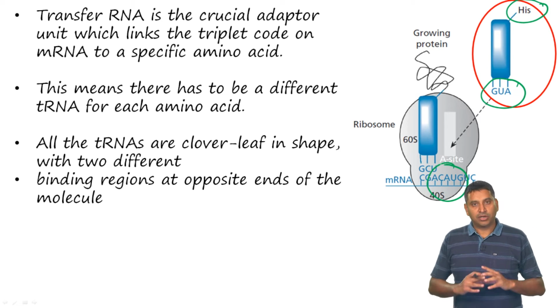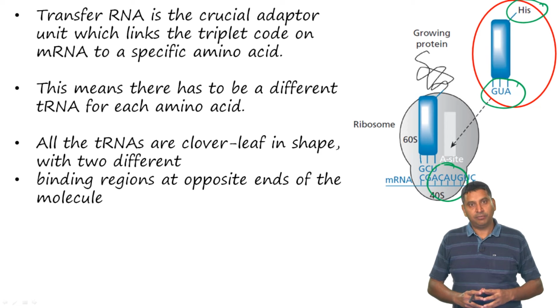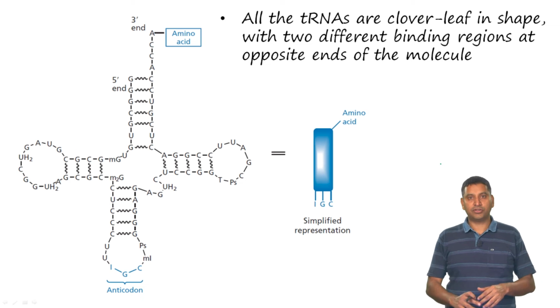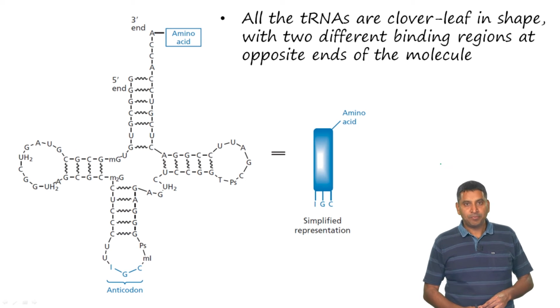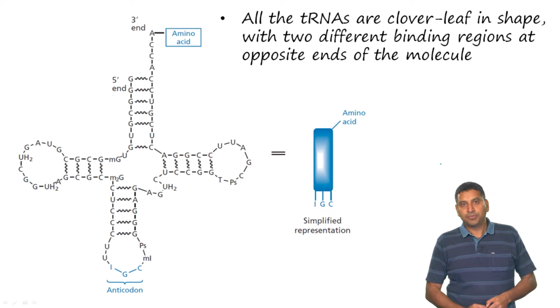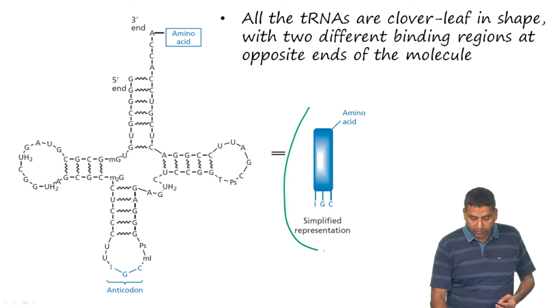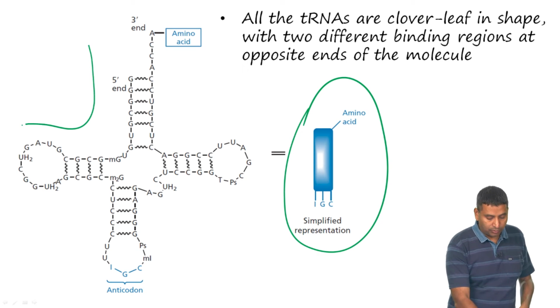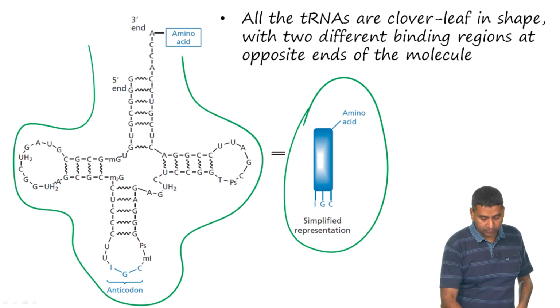All the tRNAs are clover leaf in shape with 2 different binding regions at opposite ends of the molecule. Now, let us look at the structure of the tRNA. Here is the clover leaf type molecule. This is the simplified version that we saw in the previous slide, but the actual shape of the molecule is somewhat like this.